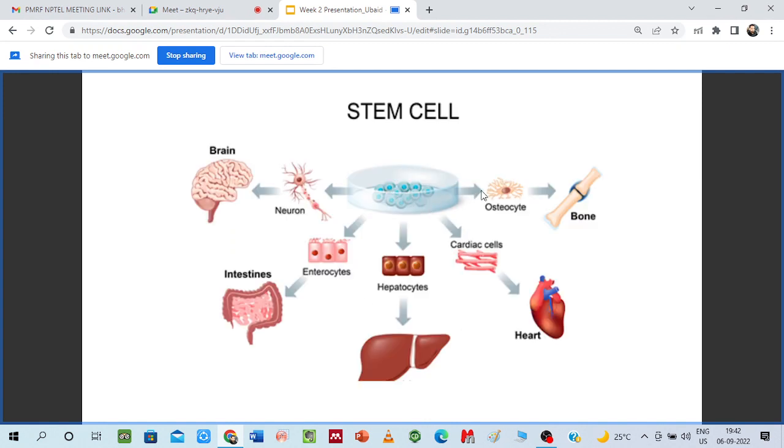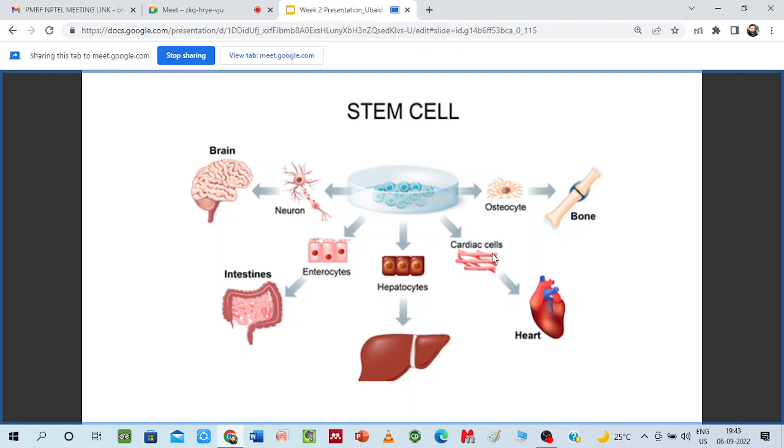When different transcription factors are provided to these stem cells, they form osteoclasts, and from these bones are formed. Different transcription factors can be given to specifically differentiate stem cells into different cell types, for example neurons, enterocytes, hepatocytes, and cardiomyocytes.